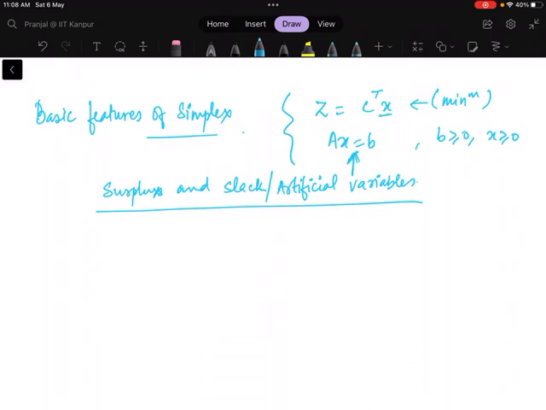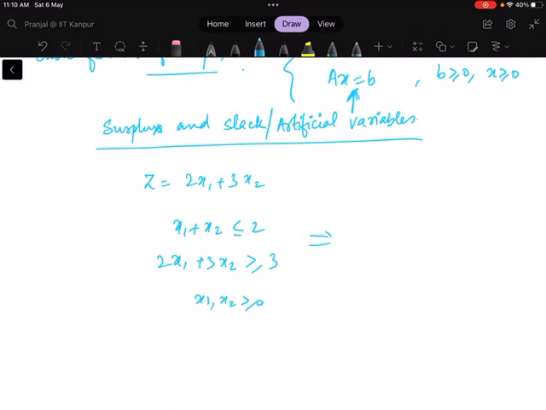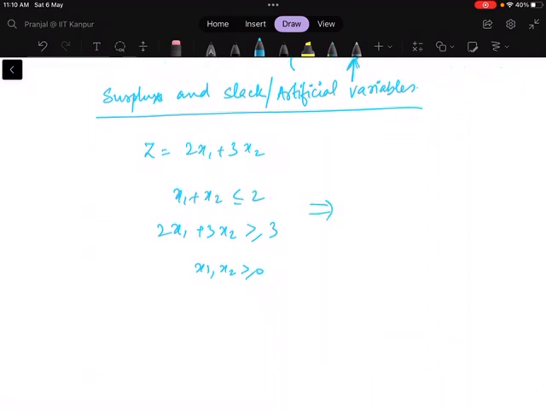Let's take an example. Let's say we have 2x1 plus 3x2 subject to x1 plus x2 less than or equals to 2, 2x1 plus 3x2 greater than or equals to 3, with x1, x2 greater than or equals to 0. To convert it into equality constraints, we use the surplus, slack and artificial variables.